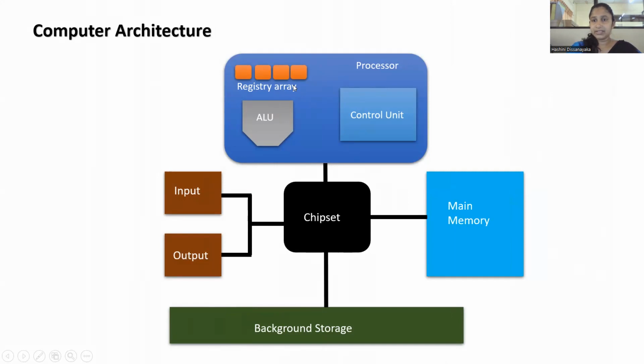The control unit and the arithmetic and logic unit are also available. Then background storage, we call secondary storage types. This is the basic architecture of the computer system. I think it is very clear with the graph that I already drew.